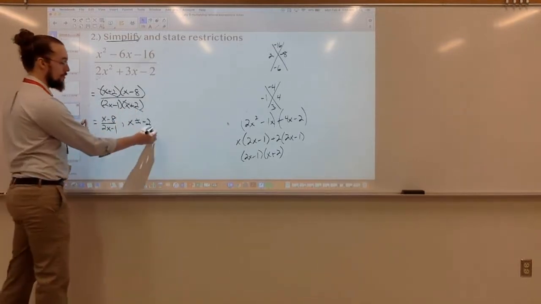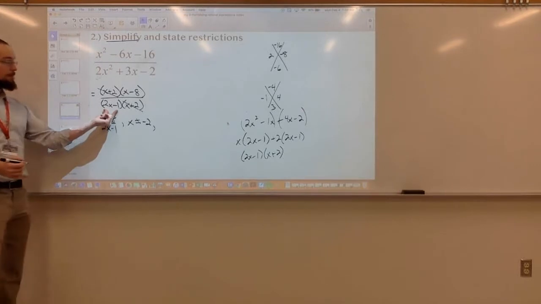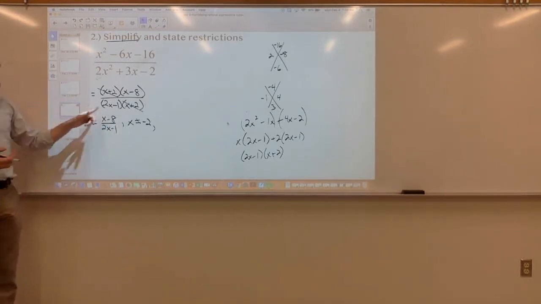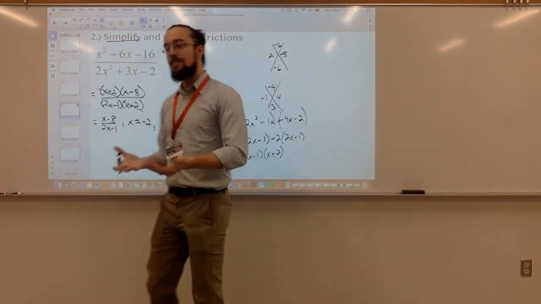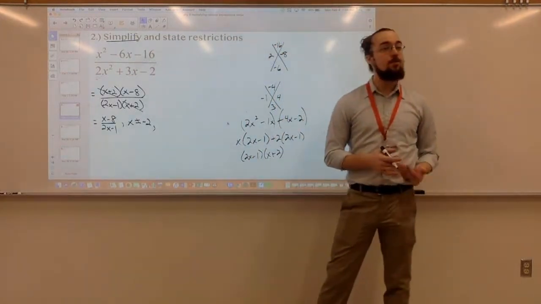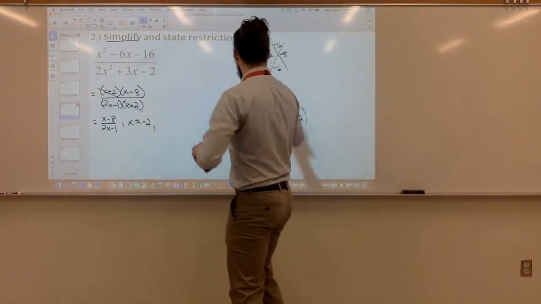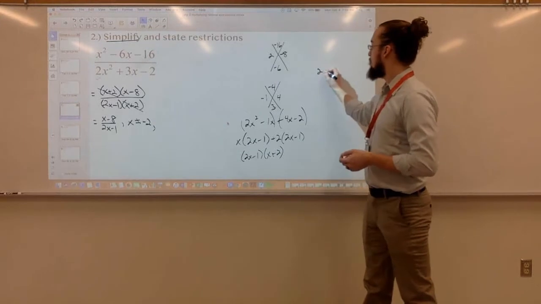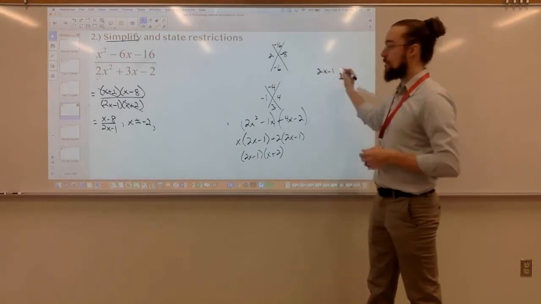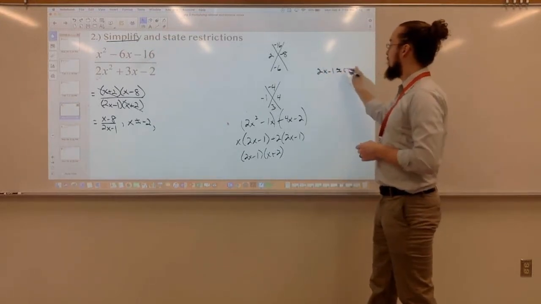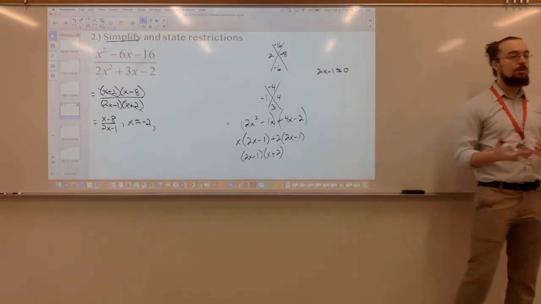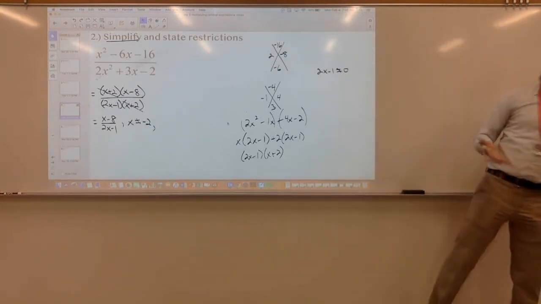Now we want to look at our other factor, and say x cannot equal what here? This one isn't as obvious. So I'll come off to the side here again, and I'm just going to take that factor, 2x minus 1, and say that cannot equal 0. Then I'm just going to solve this simple equation.